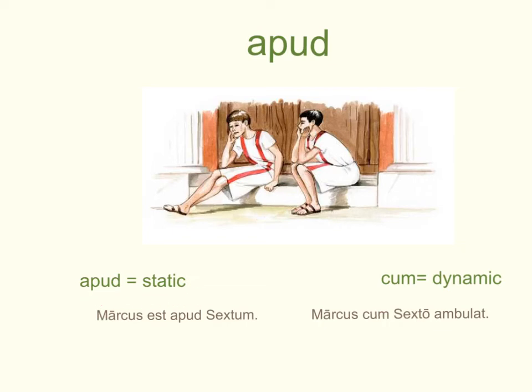We don't want to mix that up with cum, which is more of a dynamic form of with. In other words, Marcus cum sexto ambulat. You notice that he is with Sextus and he is walking with him, as opposed to here, he just is together with him. They're just sitting there together. They're kind of paired up, in other words.